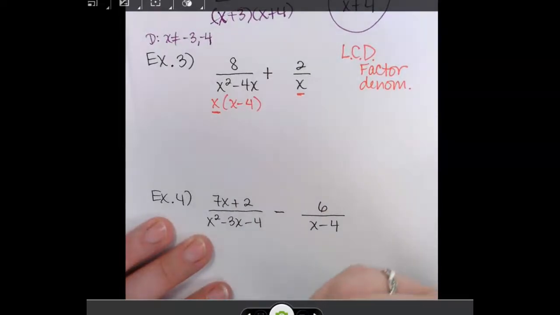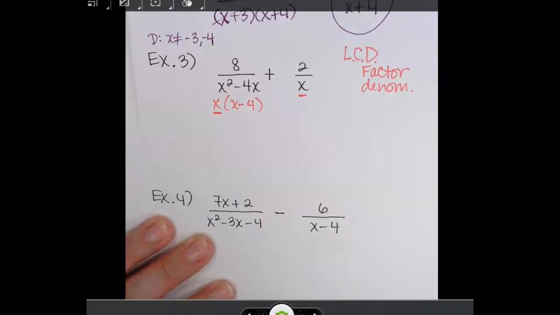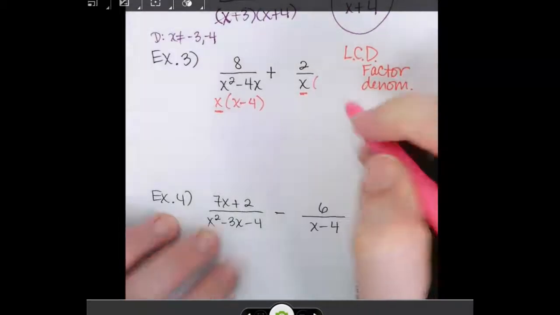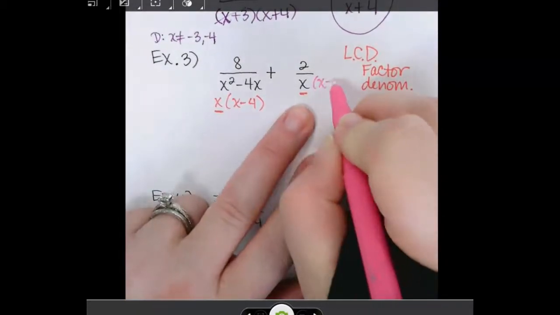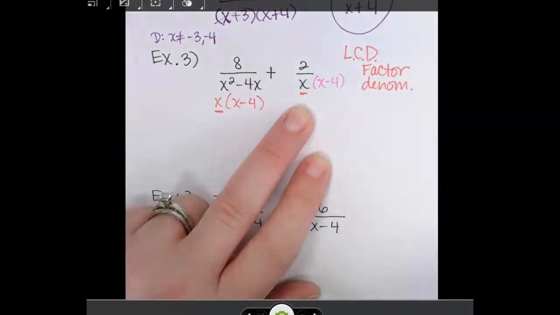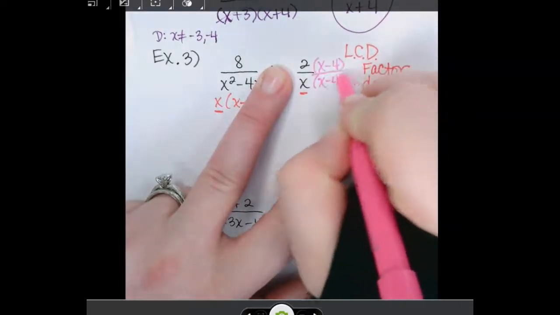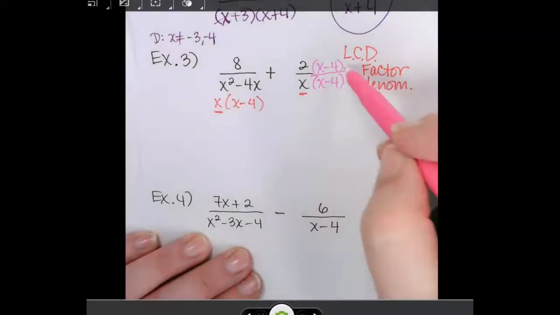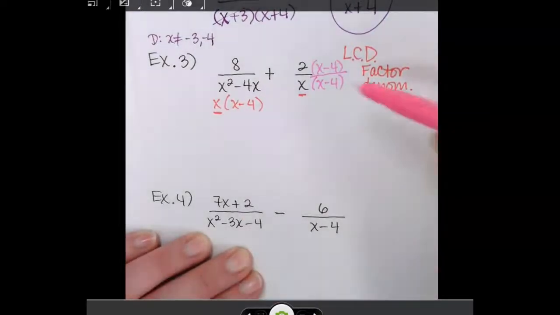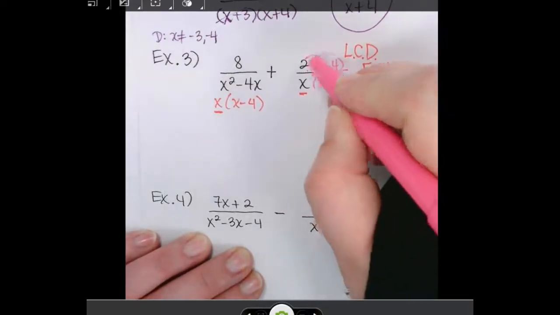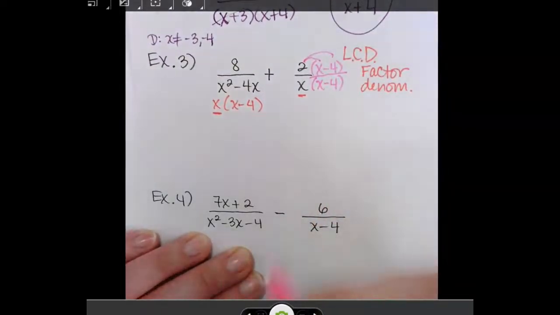So in order to make it have that in its denominator, I will multiply by the factor I need, in this case x minus 4. Now the rule with fractions is that we multiply on the numerator and denominator, so what we multiply in here has a value of 1. So I'm going to distribute my 2 to the x and the negative 4.